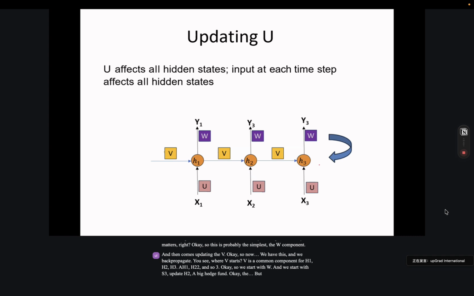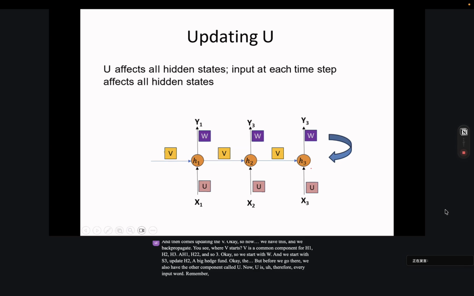But before we go there, we also have the other component called U. Now, U is there for every input word. Remember, this is a shared weight. U and V are shared across all my inputs, across X1, X2, X3.